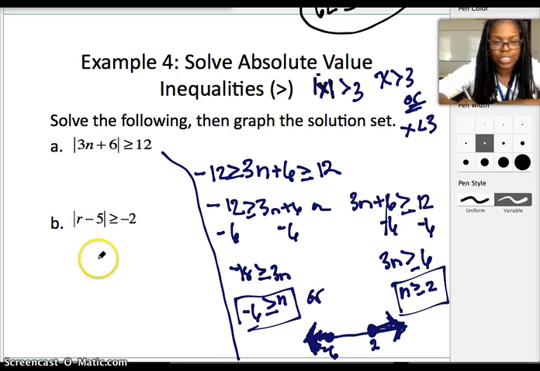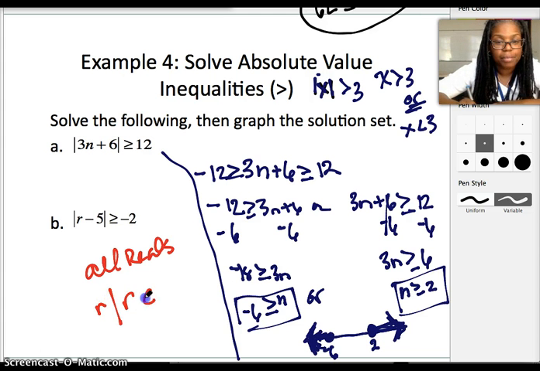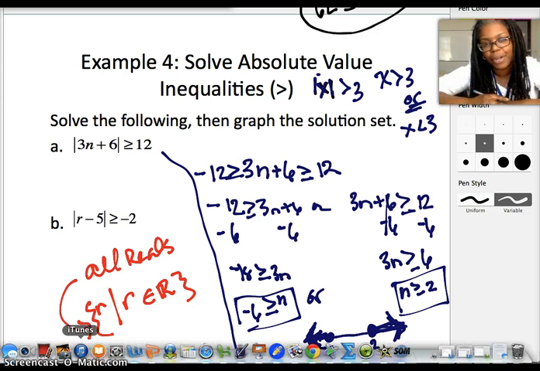And so the answer to this, there's really no work. It really is about being a student, paying attention to the information given. The answer here is all reals. And you know how I get. I'm going to ask you guys to write r such that r is an element of the reals. And that's our super cool, fancy, mathy way of saying, yeah, all reals. Any old number's going to do.